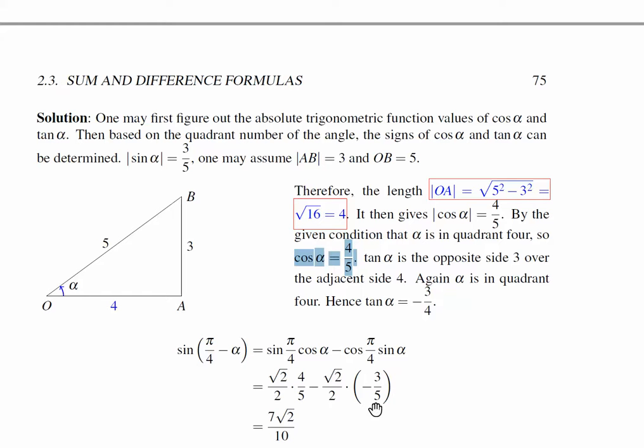Okay, so 2 times 5 is 10. We keep it. Negative, so it's positive. So positive 3 radical 2 plus 4 radical 2, we have a 7 radical 2 on denominator.